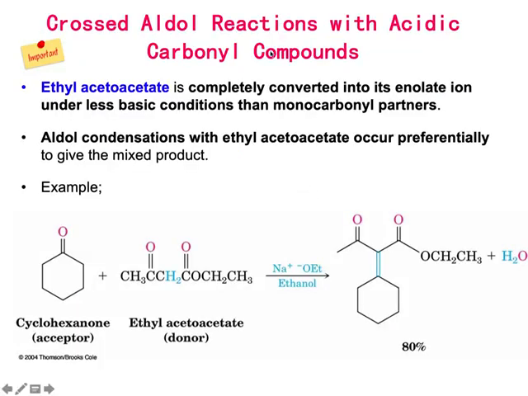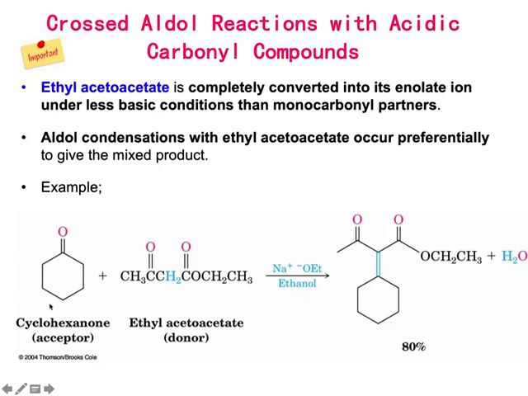This one is cross aldol reaction with an acidic carbonyl compound. Ethyl acetoacetate is completely converted into its enolate ion under less basic conditions than the monocarbonyl partner. So aldol condensation with ethyl acetoacetate occurs preferentially to give the mixed product.